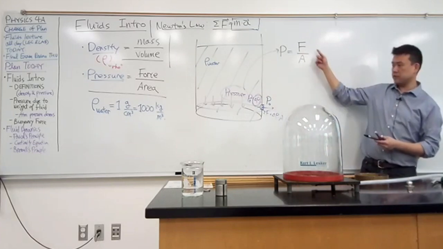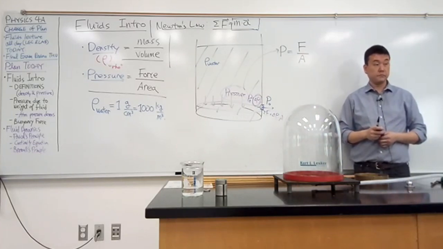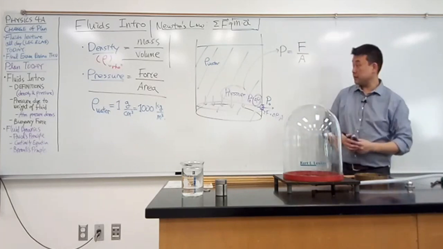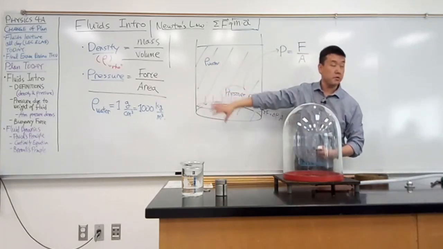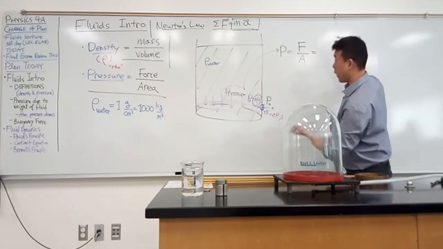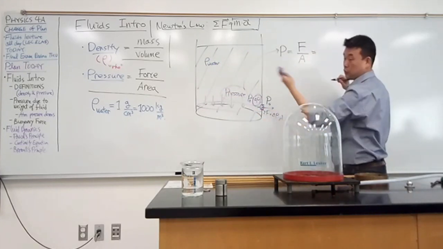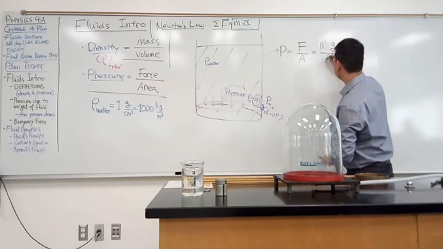Where is this force coming from? It's the weight, right? The force of gravity. So that's the weight of all this mass. This force would be the weight of all this water, so the mass of the water times g. That would be the force.